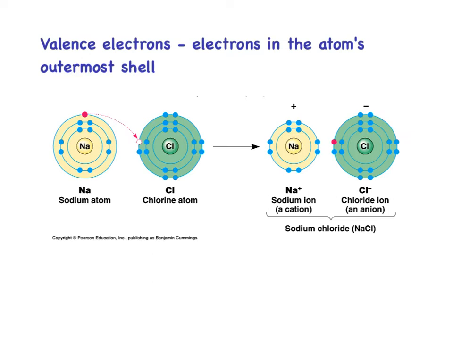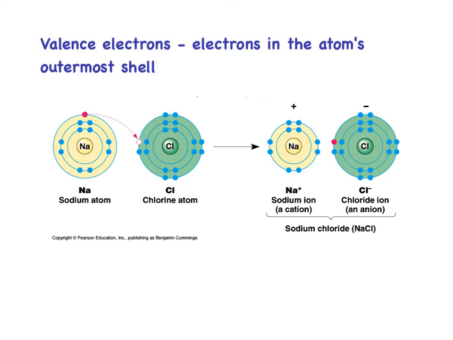And so sodium, with its really low ionization energy, is very easily going to give up this valence electron, and chlorine, with its very high electronegativity, is going to pull that electron toward it.